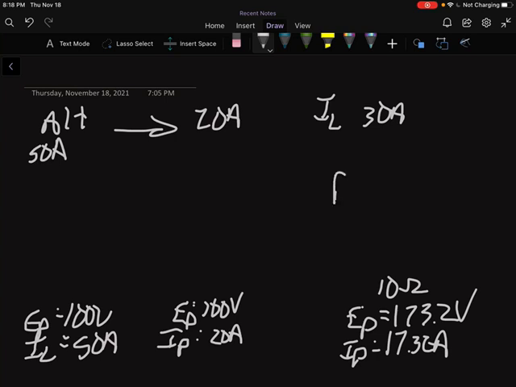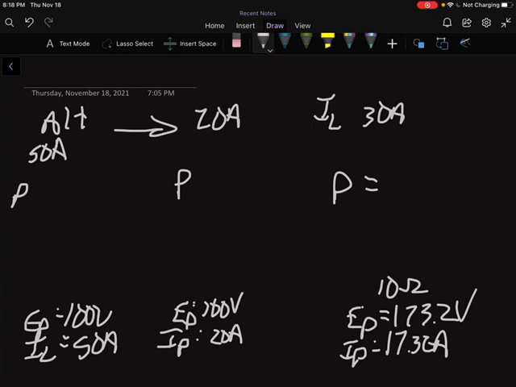So we have power at load number 2, power at load number 1, and we have power at our alternator. And this is fairly interesting what we end up finding. Let's use phase values because they're all written down.